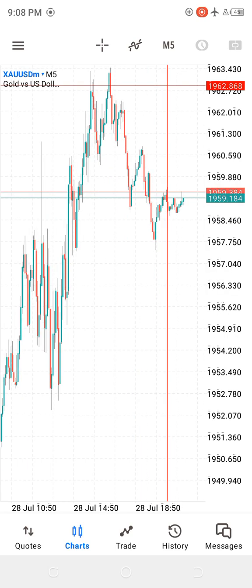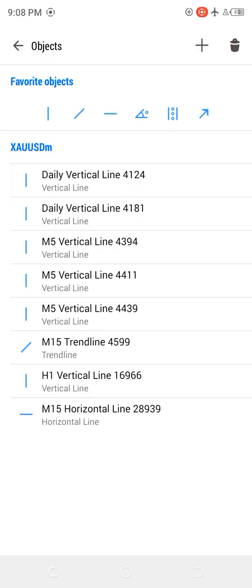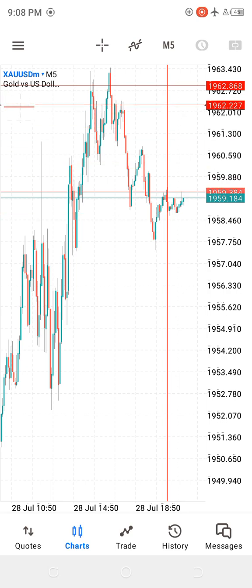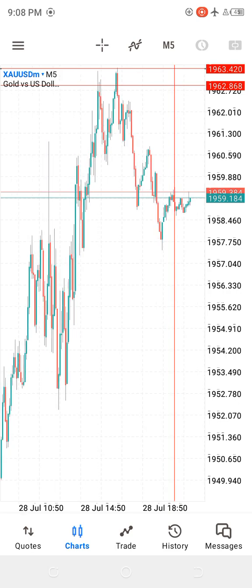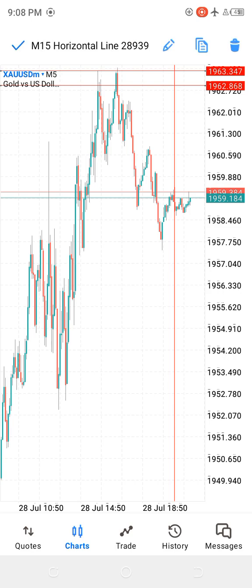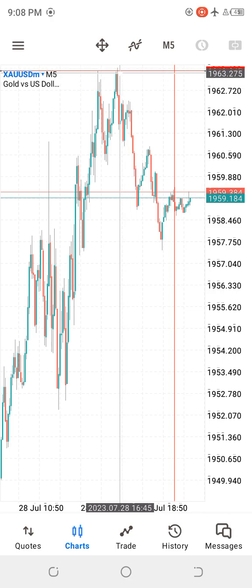There will be a stop hunt. What do I mean by a stop hunt? Let me show you. Now, as you can see here, this high went a little bit higher than this other one.